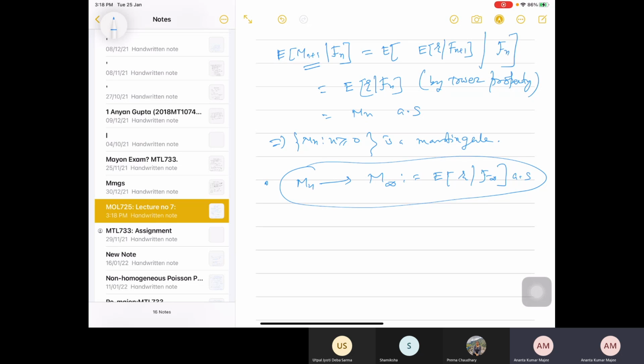So that means Mn is the best predictor of zeta given the information available up to time t, and M infinity is the best predictor of zeta we can ever make. Is it not? Because this is the best predictor, as we have seen using the L2 space that we are considering.